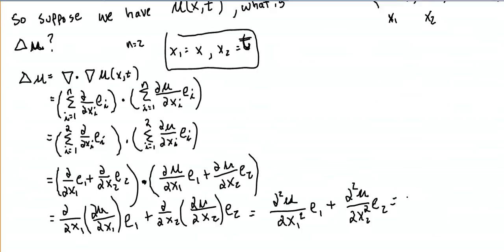what is this equal to? Let's see. We have x1, so we said x1 is x. This is the second partial derivative of u with respect to x1, so I have u x1 x1 plus u x2 x2, which is really equal to u of xx plus, and x2 is t, u of tt.